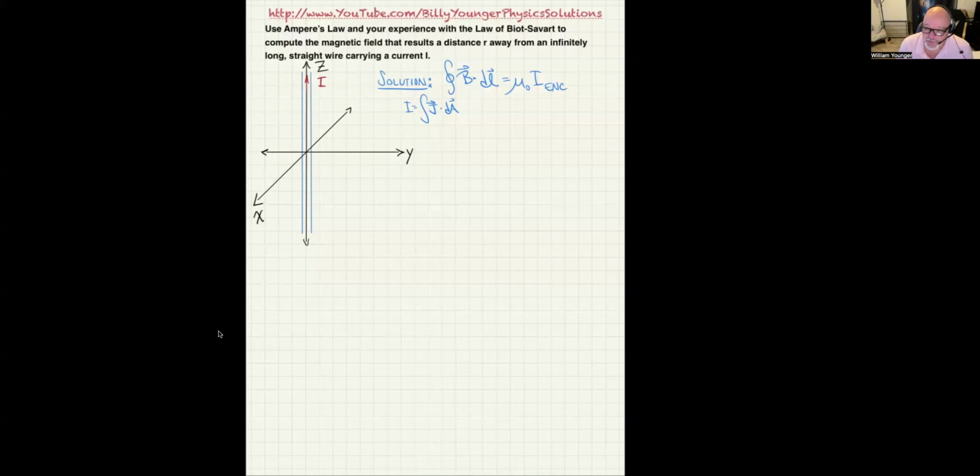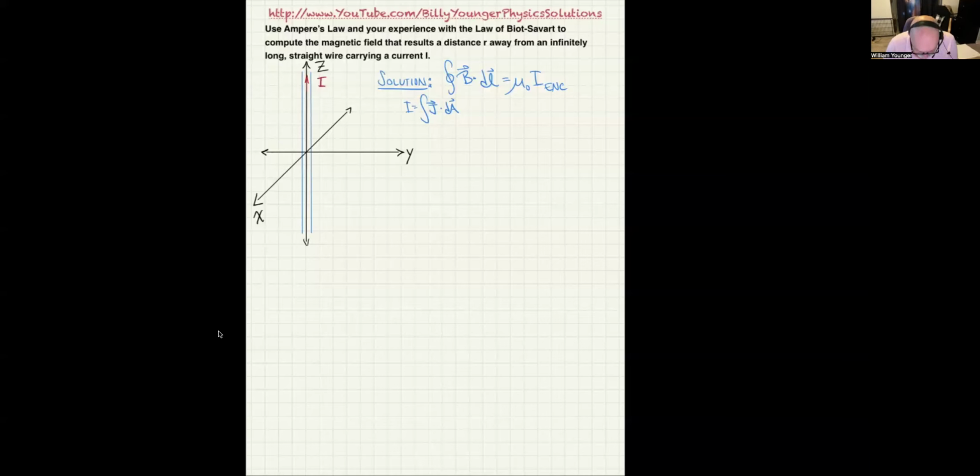That allows us to figure out the direction by taking the cross product of the dl vector, which is a little length of line segment along the current carrying wire that points in the direction of the current, with rp minus r dl, the vector that connects the point at which you wish to know the magnetic field to the actual dl that you're using. So when you compute those two vectors and take a cross product, that gives you a direction.